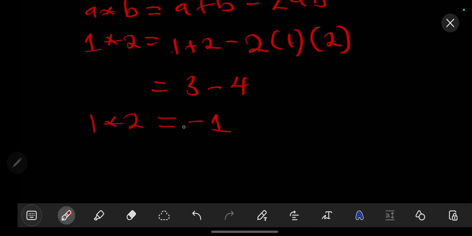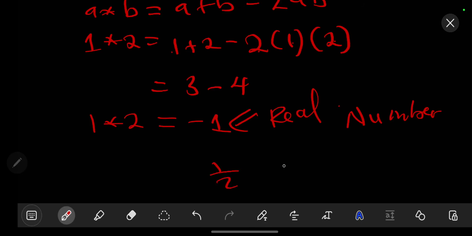So as you can see, this negative 1 that you have gotten is a real number. Real numbers by definition are all the numbers that you can think of except imaginary numbers. You can have a real number such as 1 over 2, or 5 over 4. All these are real numbers, except imaginary numbers such as the square root of negative 1.